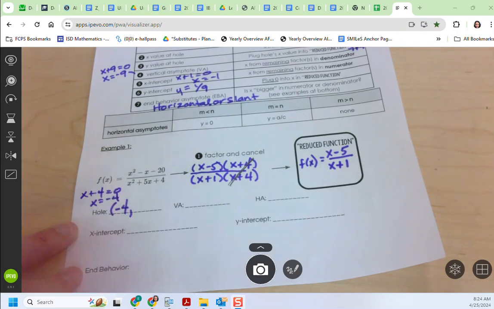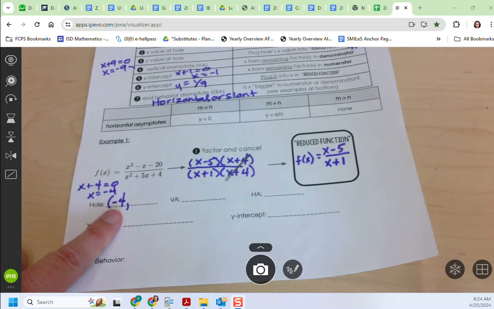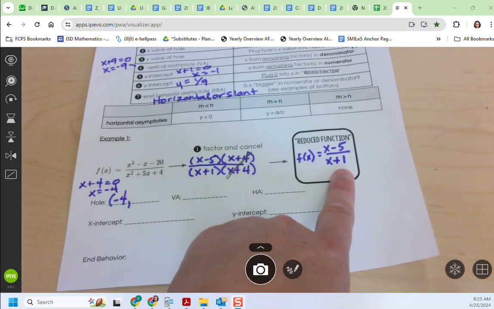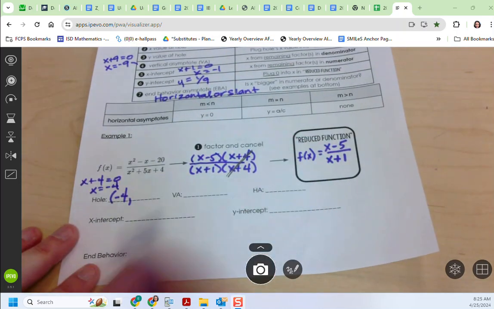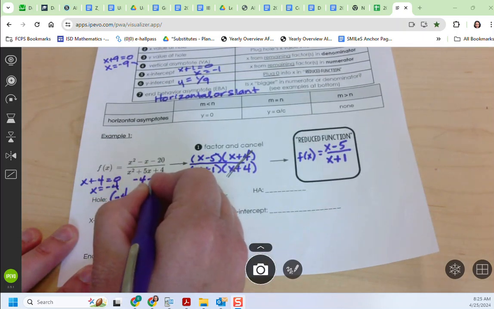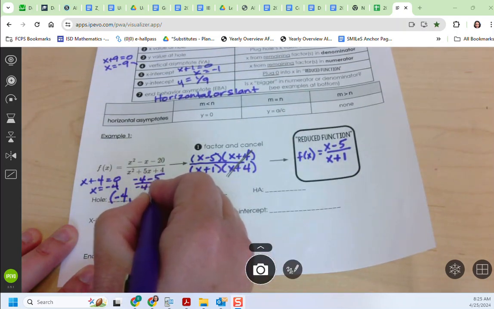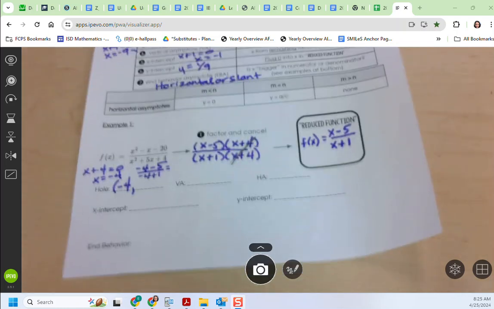We haven't talked yet about how to find the y coordinate of the hole. I think we did actually, but just briefly. You're going to take this negative 4 and substitute it into the reduced function. So negative 4 becomes the x value here. The work is going to be negative 4 minus 5 over negative 4 plus 1.